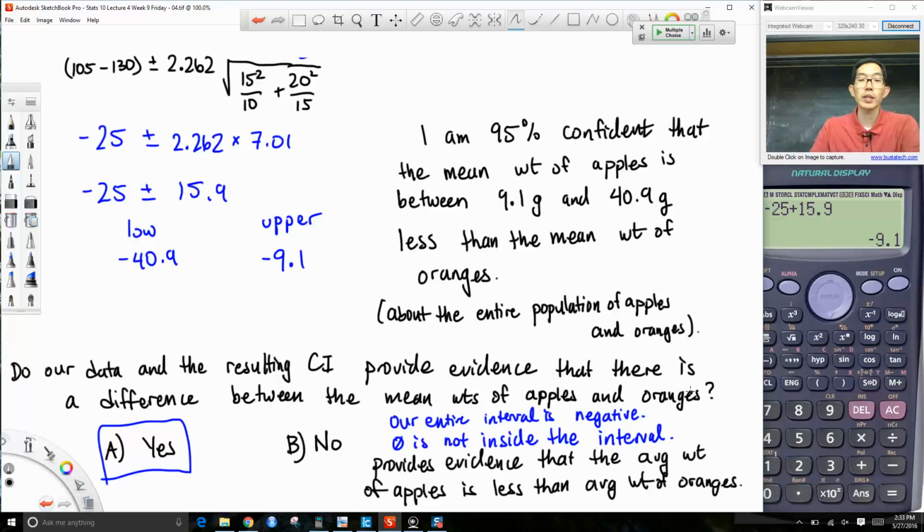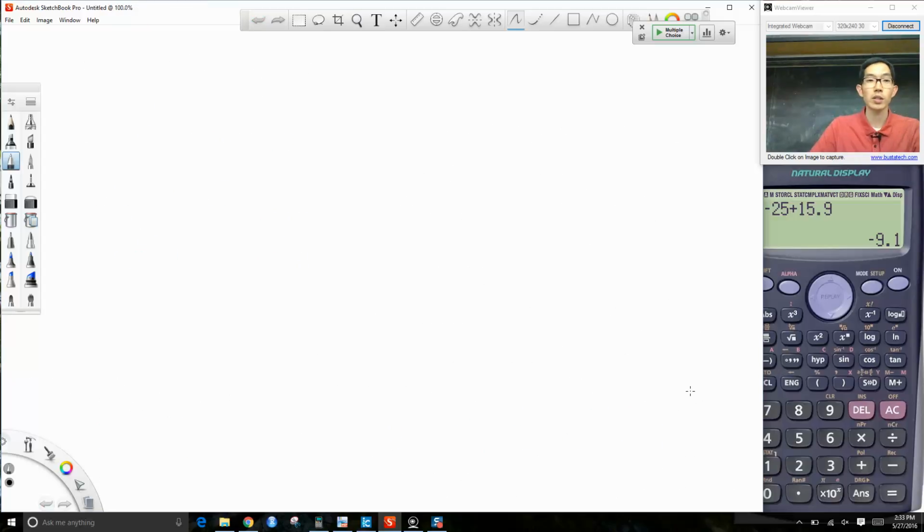On the other hand, if you get an interval with 0 inside of it, then 0 would be a plausible value for the difference mu1 minus mu2, and you would not have evidence of a difference.